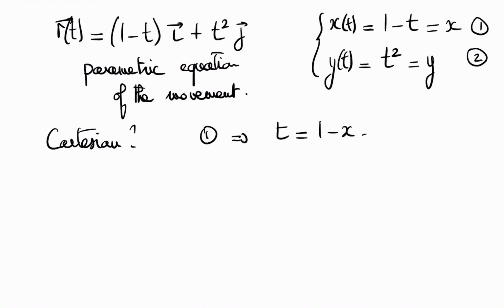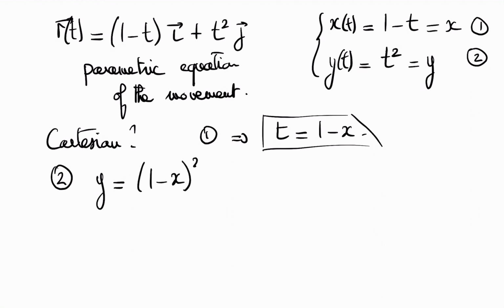So we're going to be substituting this into equation 2, to eliminate the parameter. So equation 2 becomes y is equal to 1 minus x squared, or if I expand that, x squared minus 2x plus 1.